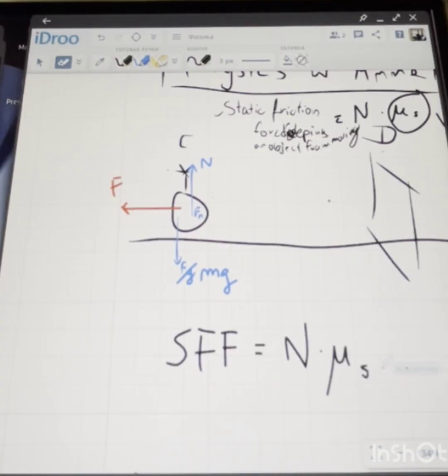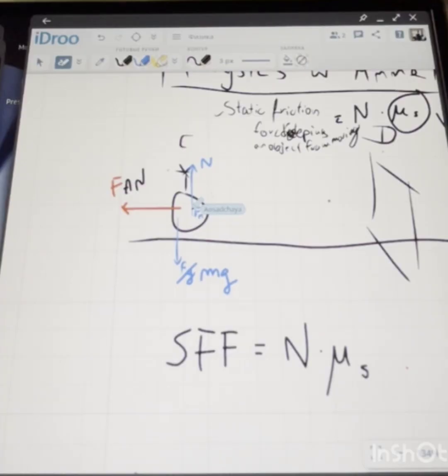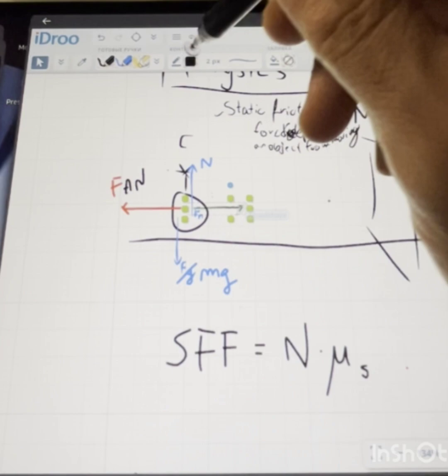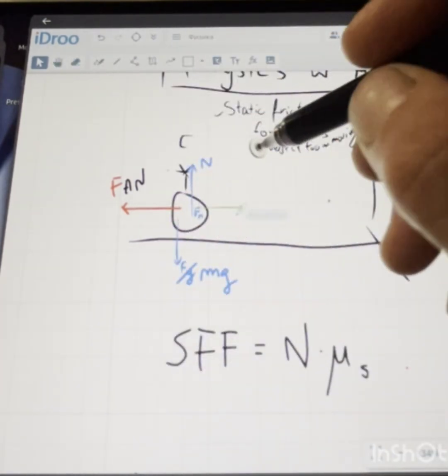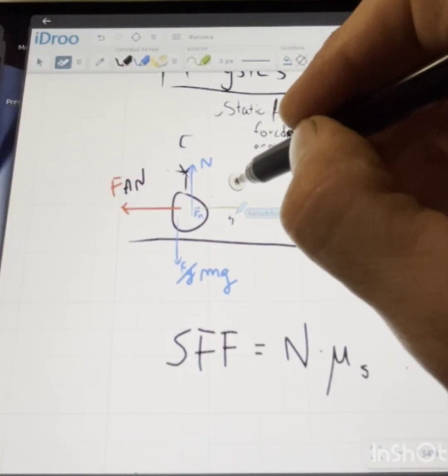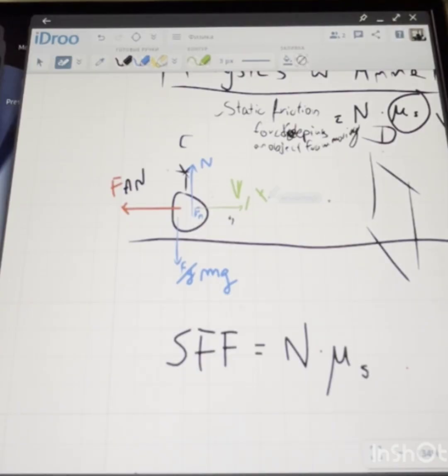Is it the red? No, that's the fan. Actually, let me write it. Fan. Wait, so it would be... What side is it moving? Let's do it like this. So this is movement, velocity and movement, x.